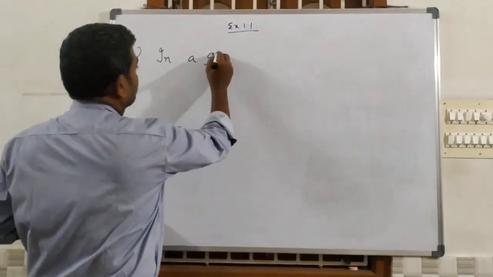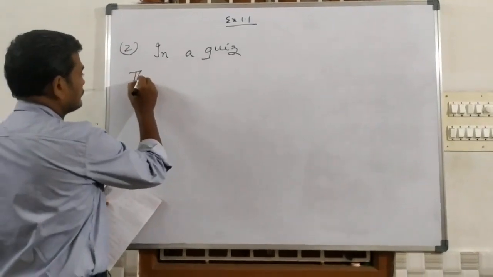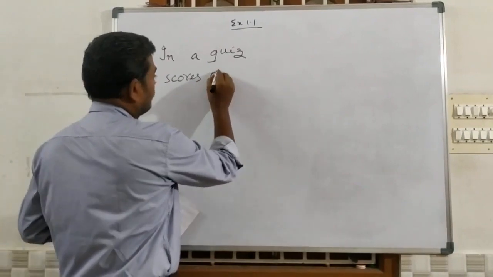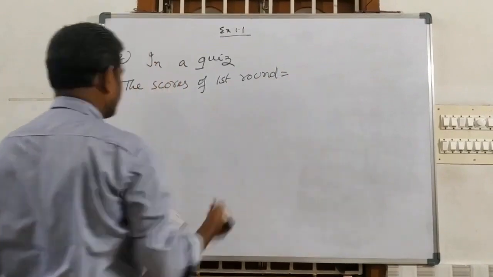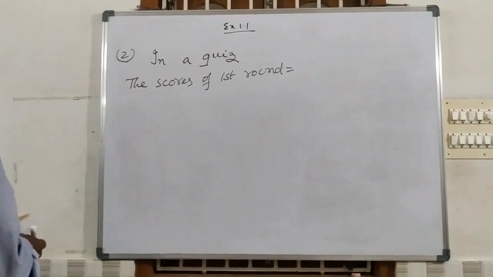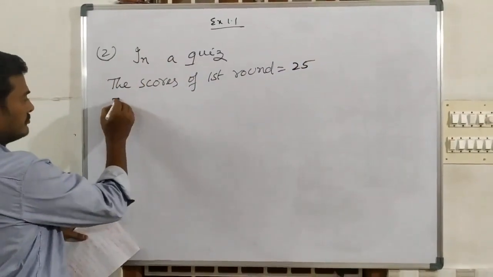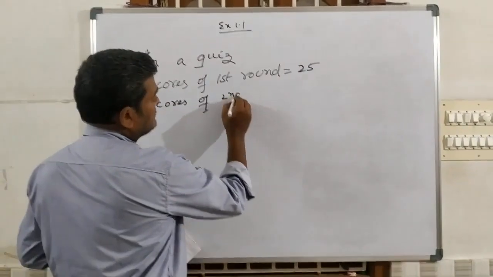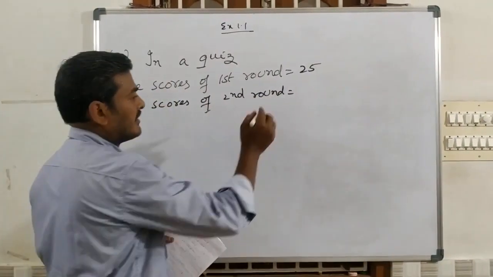In a quiz, the score of the first round is equal to 25. The score of the second round is minus 5.